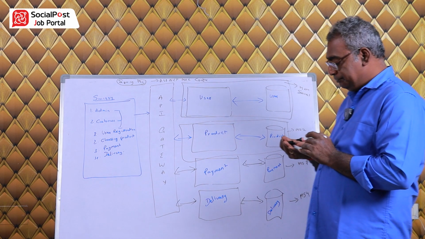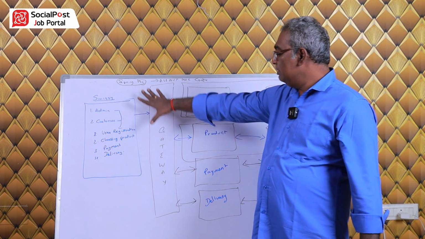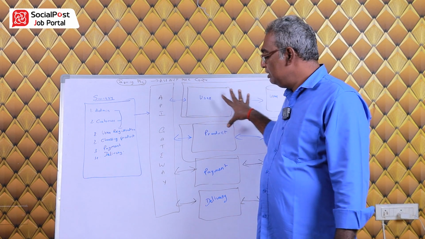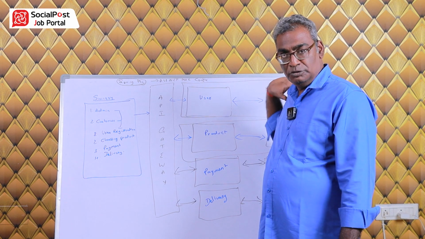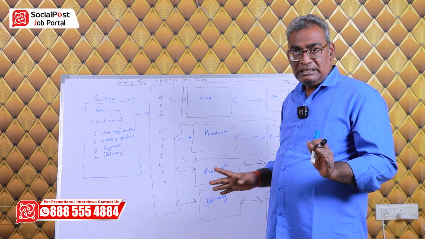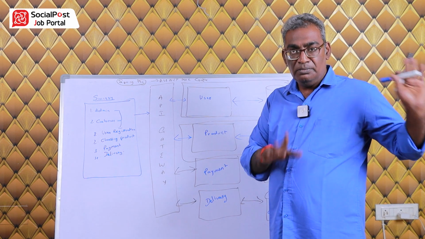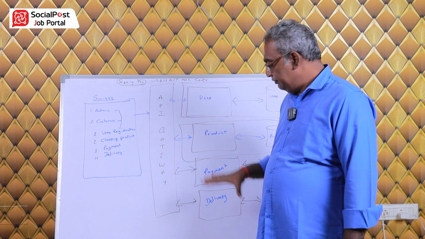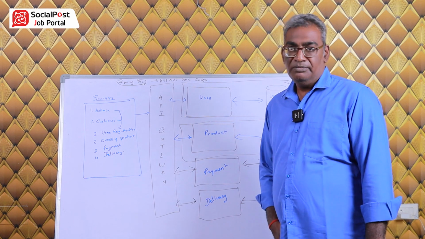Whatever I can do in Java, I can do in .NET. So both are equivalent. So start understanding there is a lot of opening in .NET. If you learn this technology, it will be very good.